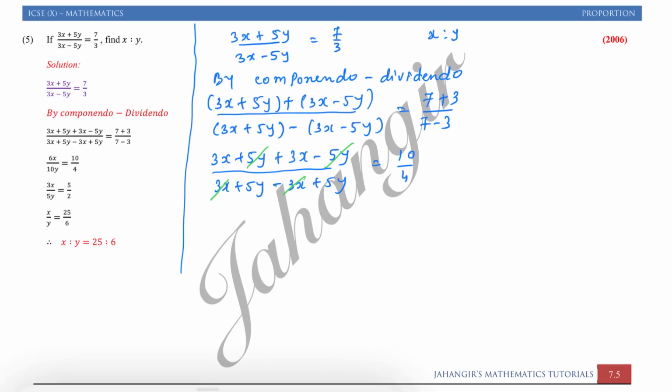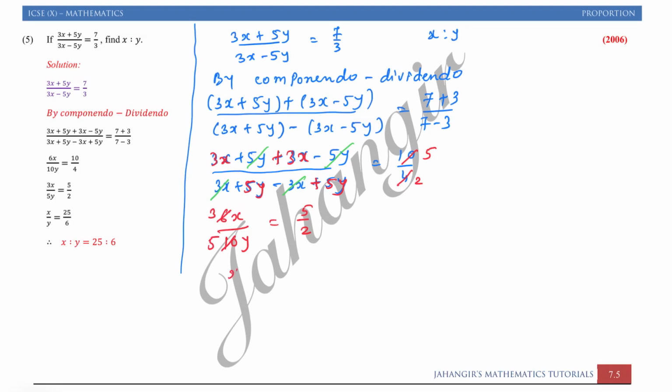What do you get? 3x plus 3x, 6x, upon 5y plus 5y, that is 10y, is equal to 2 2s are 2, 2 5s are 10, so 5 by 2. Now we can cancel this also, 3 5.